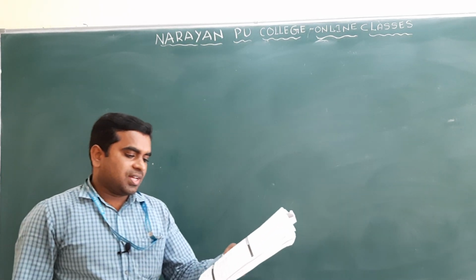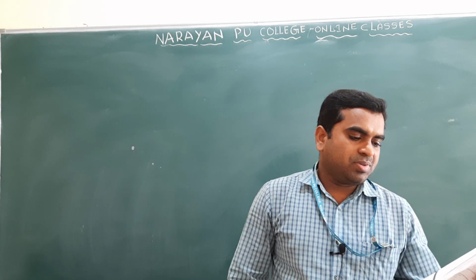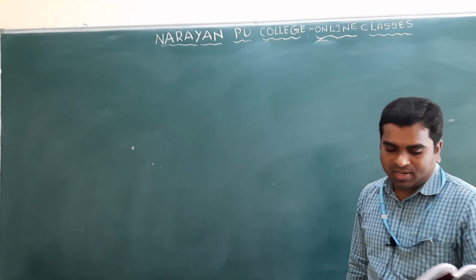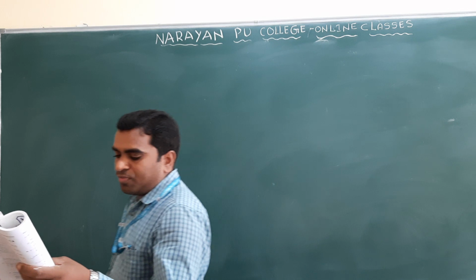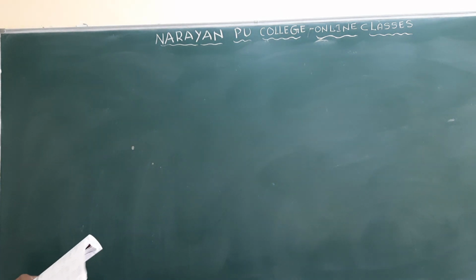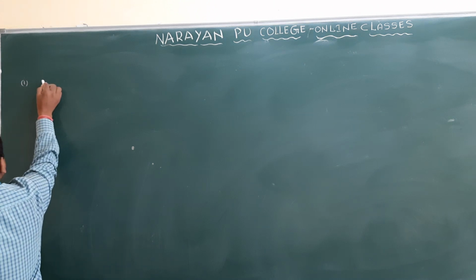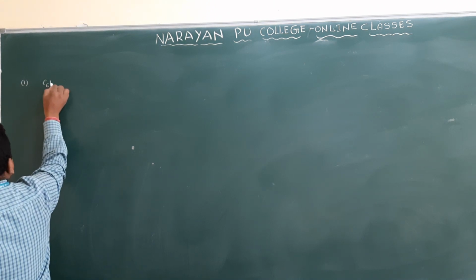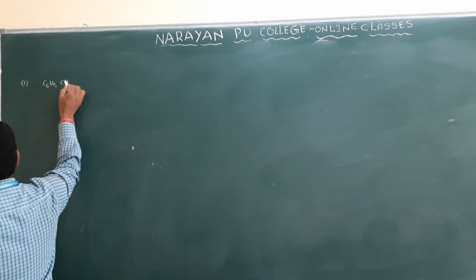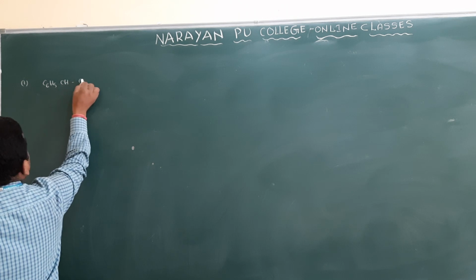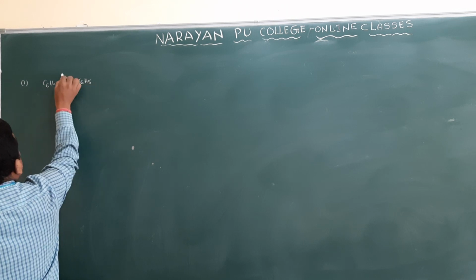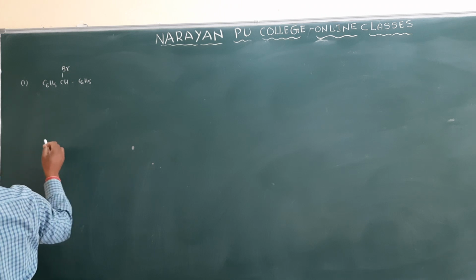So now see the AIPMT NEET questions here. First question, which one is the most reactive towards the SN1 reaction? They have given alkyl halides. First one is C6H5 CH C6H5 Br. This is the first option.